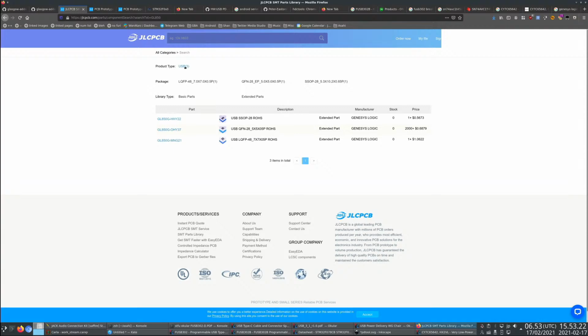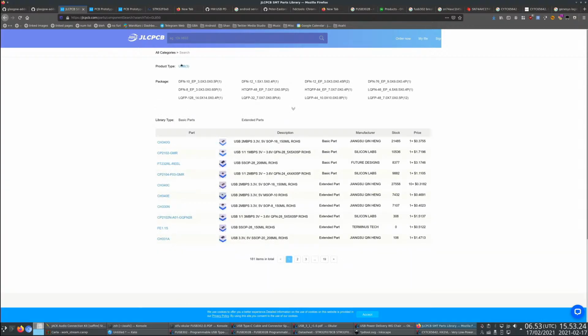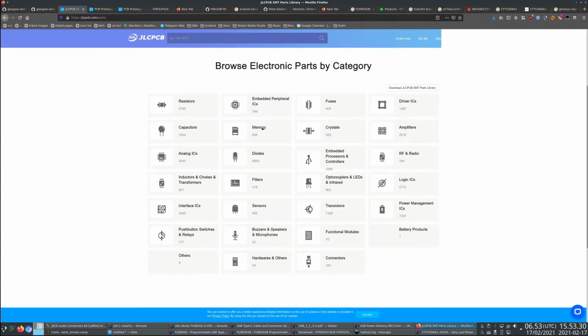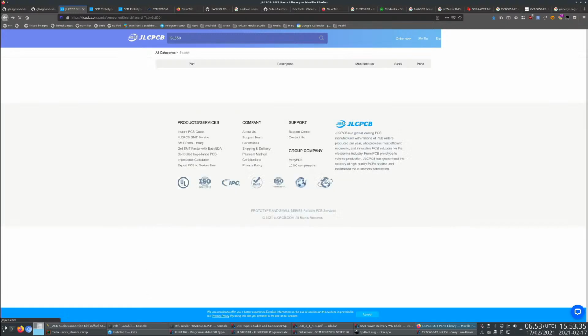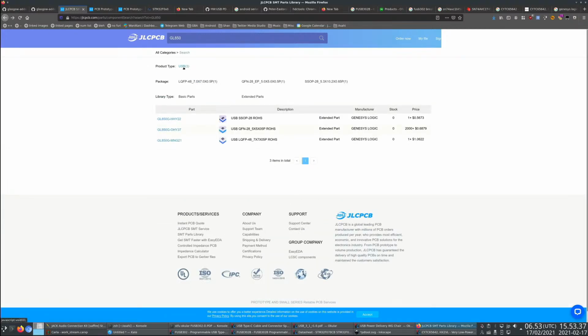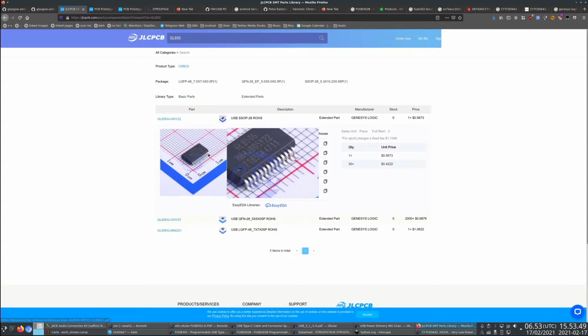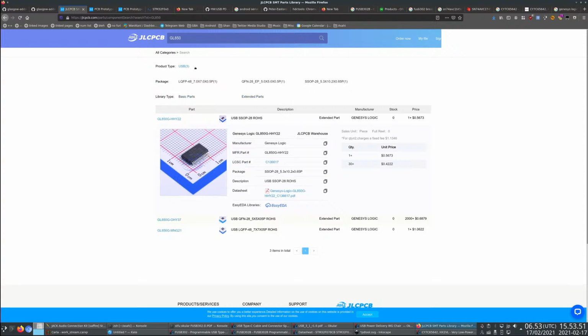Oh, is that a separate category? I'm not sure how they categorize these things. This is somewhat confusing. How are they doing this?